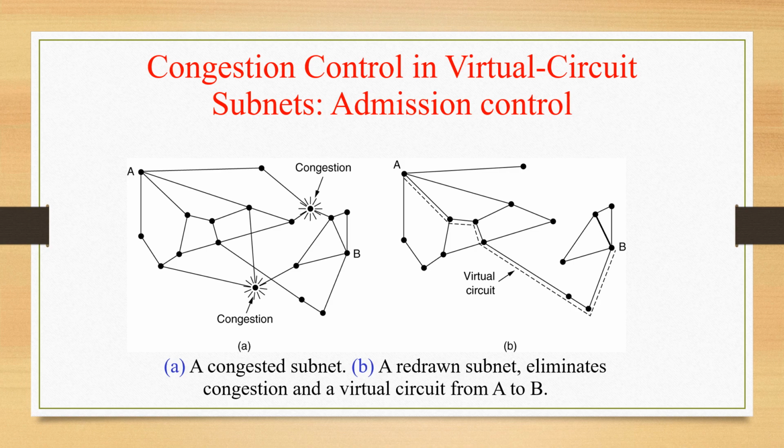If you really want to open, then avoid those two congested paths. Open a different path, then there is no congestion, so there are no issues. Diagram B is the redrawn subnet for removing the congested path from A to B, where there is no congestion at all. Here we have two kinds of admission control. One is don't allow the virtual circuit, or if traffic is high, find a new virtual connection.